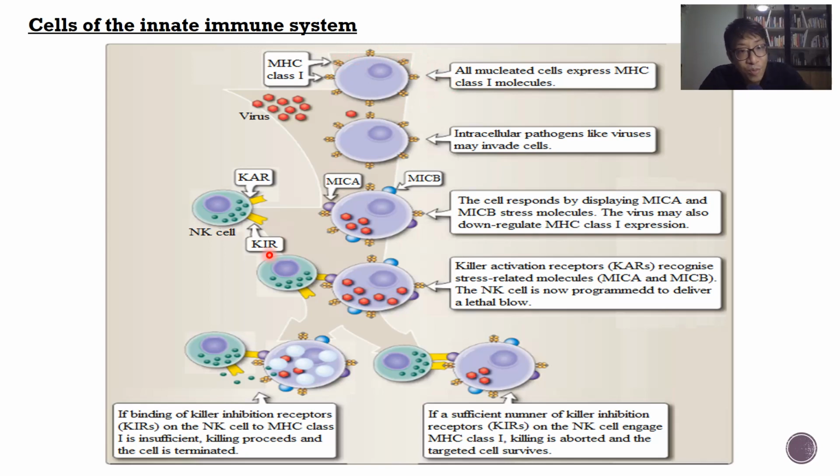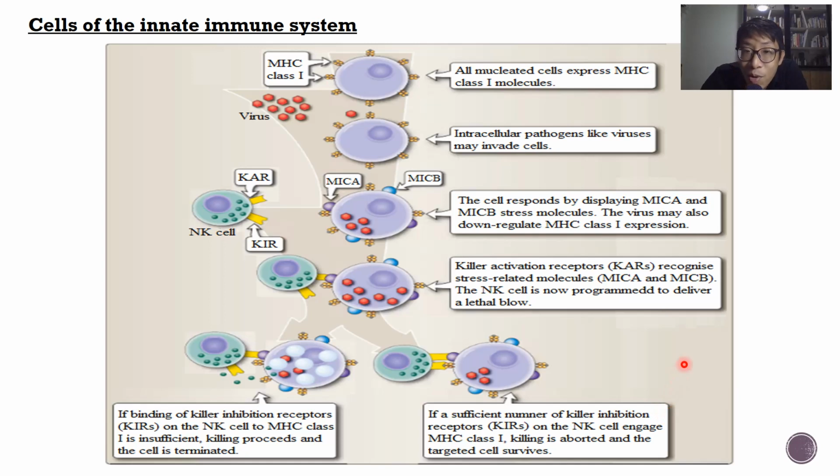For the natural killer cells, if it is able to bind to this yellow cell surface protein that shows that this cell is a normal healthy cell, then as mentioned here, there is no action of the natural killer cells.